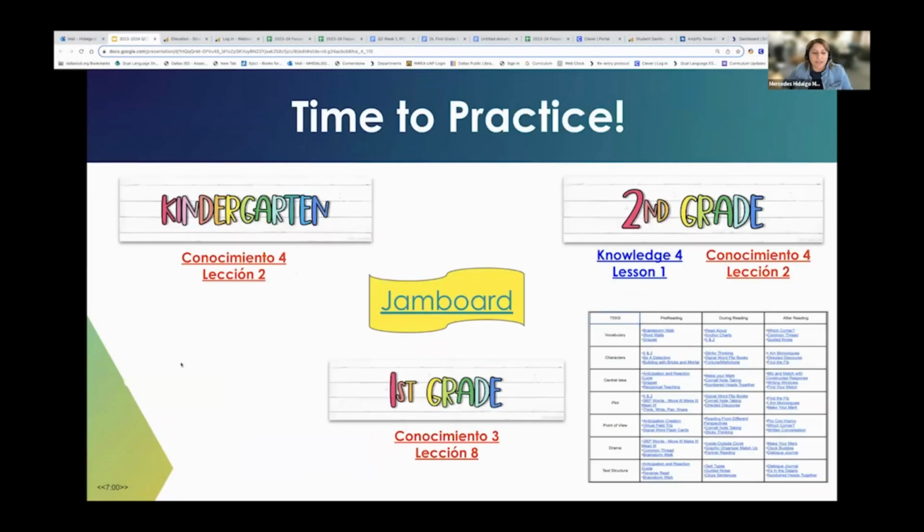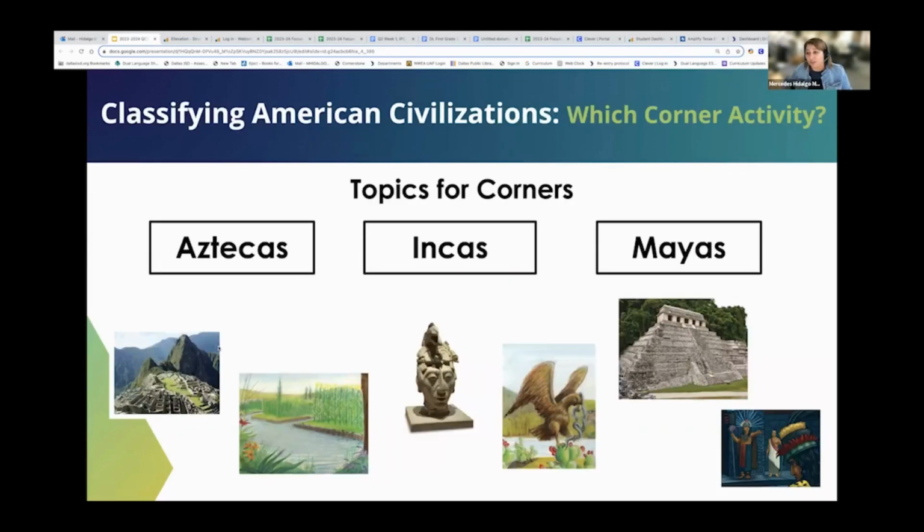You can either use the annotation tool, or if you're not finding it, that's okay. You can unmute yourself and tell me which corner you could go to. So this picture here, which corner do you think you need to go to? Is this Aztecas? Is this Incas?